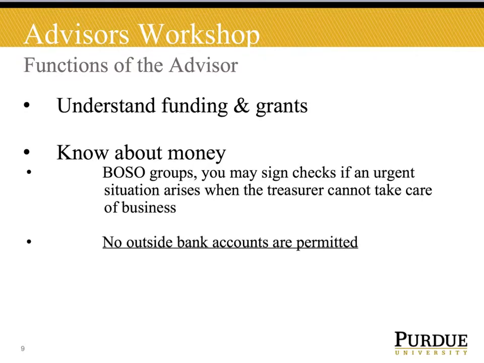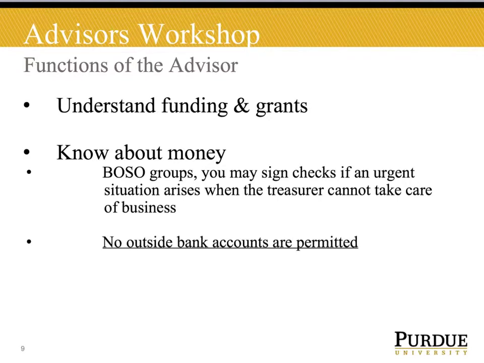Some other functions of the advisors is understanding the grants and the funding. We do not, as a university, give our organizations any money in their bank accounts when they begin, and it is up to them to understand the funding and the grants that are available to them.